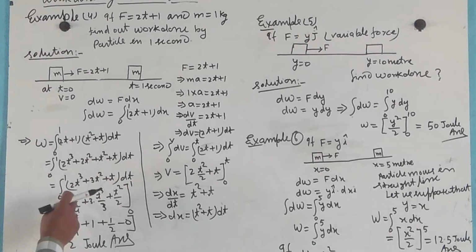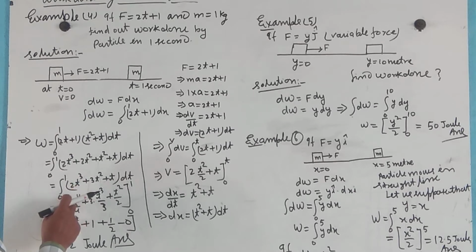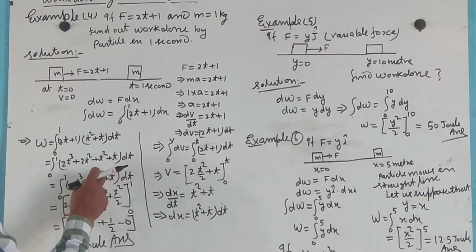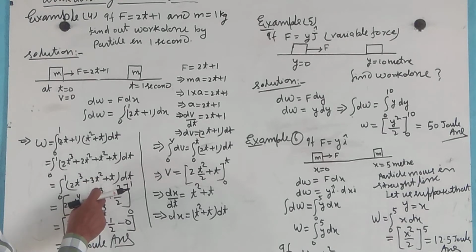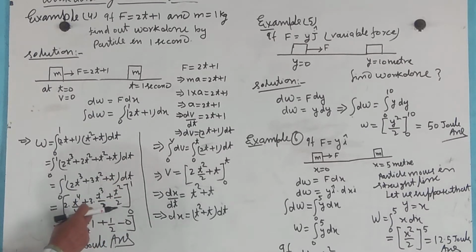Now integrating: 2t to the power 3 gives t to the power 3 plus 1 by 3 plus 1, so 2t to the power 4 by 4, and 3t square gives 3t to the power 3 by 3, and this is t square by 2. The 3s cancel.